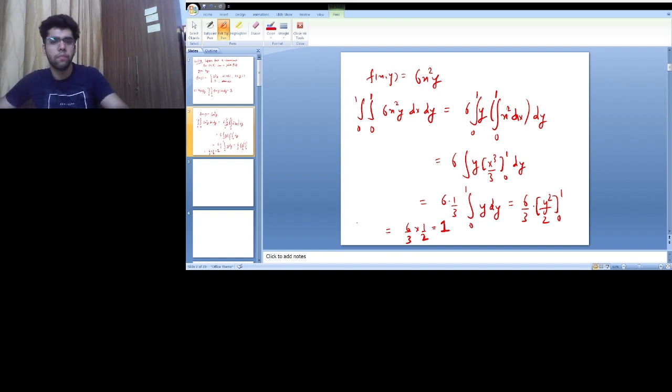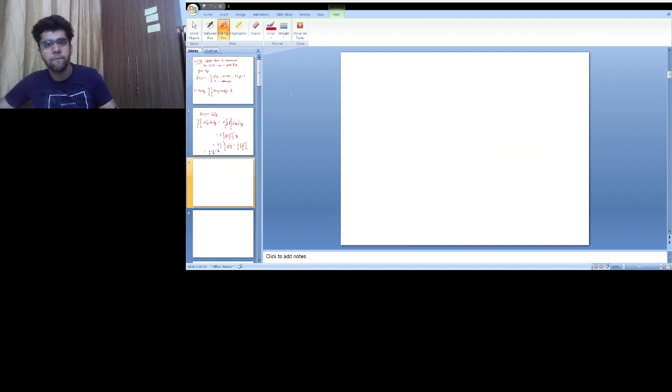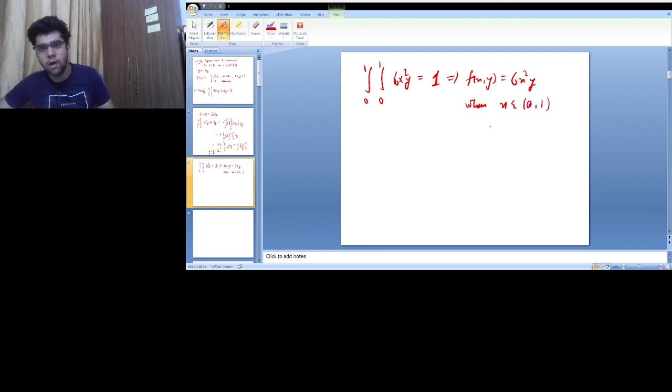So finally the total area under the curve of 6x²y is equal to 1. This implies that f(x, y) = 6x²y, when x lies between 0 and 1 and y lies between 0 and 1, is a valid PDF.